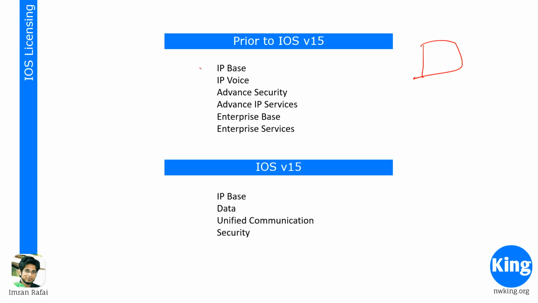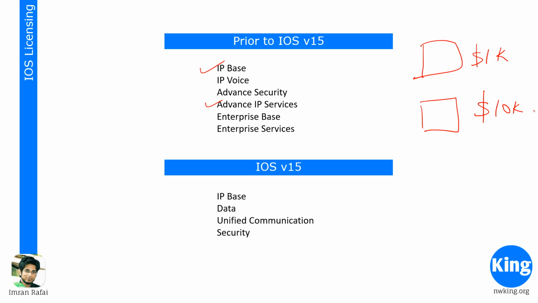You say, I want IP Base. Okay, fine, IP Base is $1,000. Maybe your friend says, I want Enterprise IP Services, right? It's the same hardware, but with IP Base it cost you $1,000, while your friend paid $10,000.